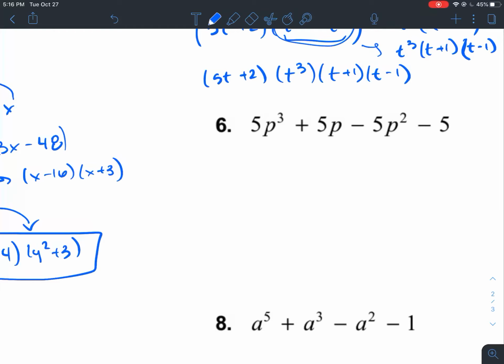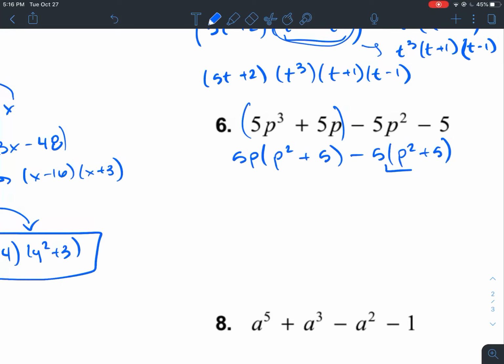So for number 6, this has 4 terms, 1, 2, 3, and 4. So I'm going to do factor by grouping. So right there, I can factor out a 5p. And behind, I should have p squared plus 5, minus, and I can take out 5 from here, so 5, this is going to be p squared plus 5.